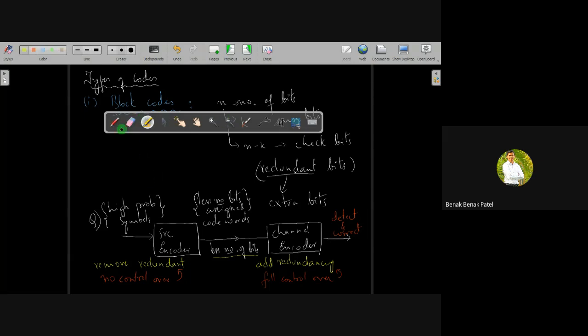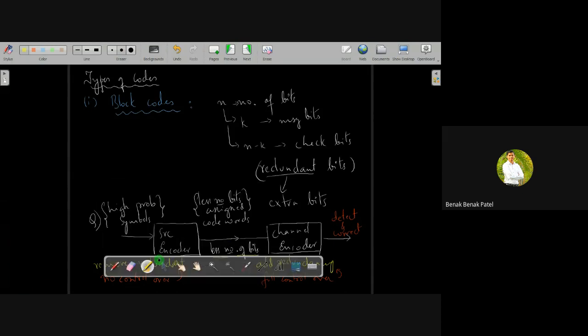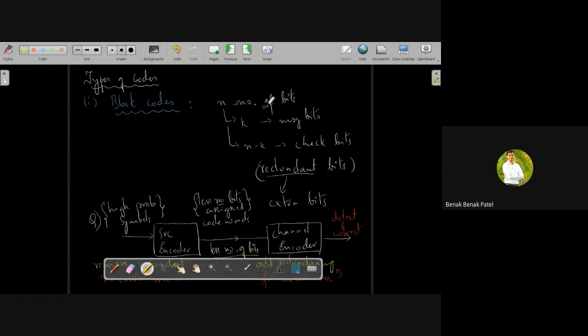So where we were discussing these block codes: block codes have a block of n bits that contains k message bits, and along with the k message bits, it has n minus k check bits, and this we call block codes.